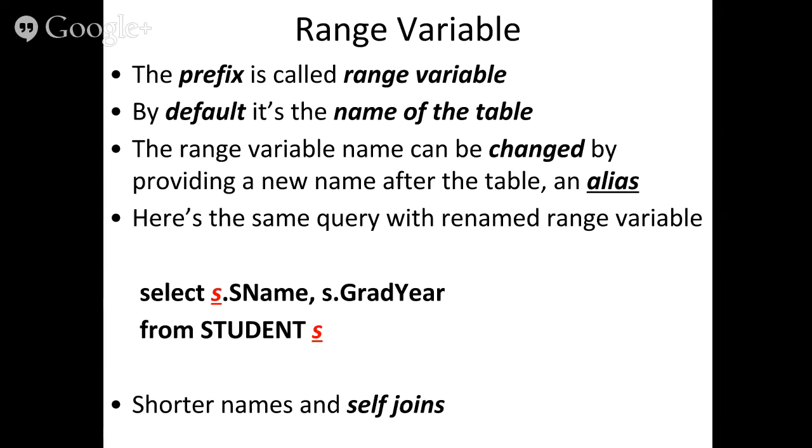Just like you say, I'm joining T2 with T3, and they have unique names. But what if you want to be able to mention T2 twice? This allows us to do that. You can have T2 and then a name, TA, comma T2 again, and then TB, both referring to the same table. So those aliases allow us to do those kinds of things, to do self joins.